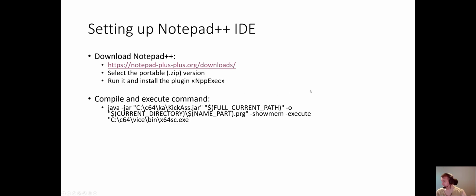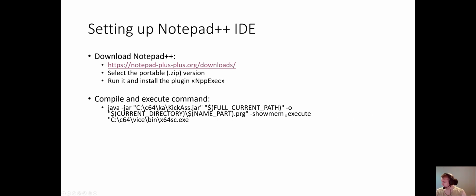And I've taken the liberty to write this down because it's quite a handful, but assuming that we have followed installation paths, this is the actual command you recognize from the previous video, to execute the current file. It then follows with the output to the current directory and adds the .prg, which is program, which is needed to run it in the VICE emulator.